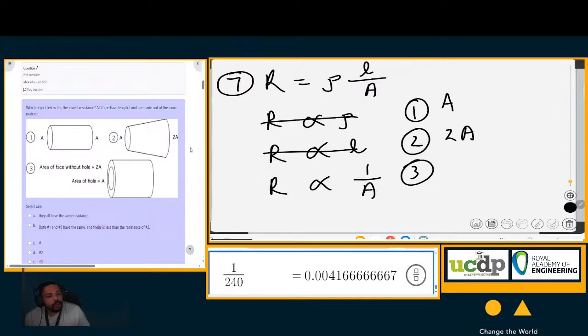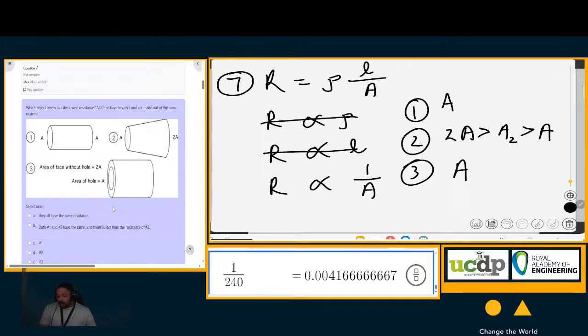And the third one has an area of the face without the hole of 2A, but the area of the hole is A, so its area is also just A. The area of number 2 is bigger than A, somewhere above A. So this one has an area of just A, this one has an area of just A, but the second one has an area slightly above A.